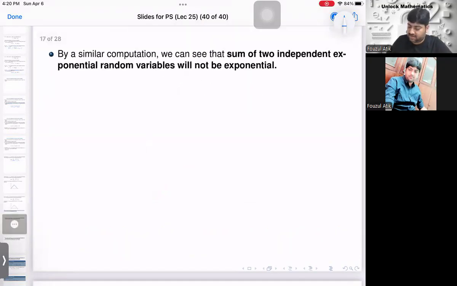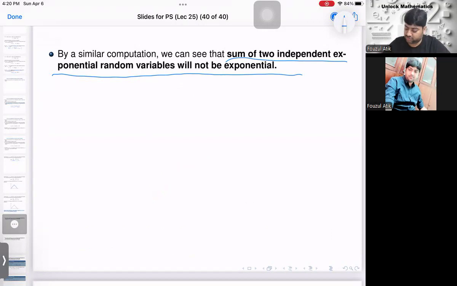Then again, with a similar kind of computation, one can also prove that the sum of two independent exponential random variables will not be exponential. In the case of continuous random variables, we have discussed three types: one is uniform, another is exponential, and another is the normal random variable.